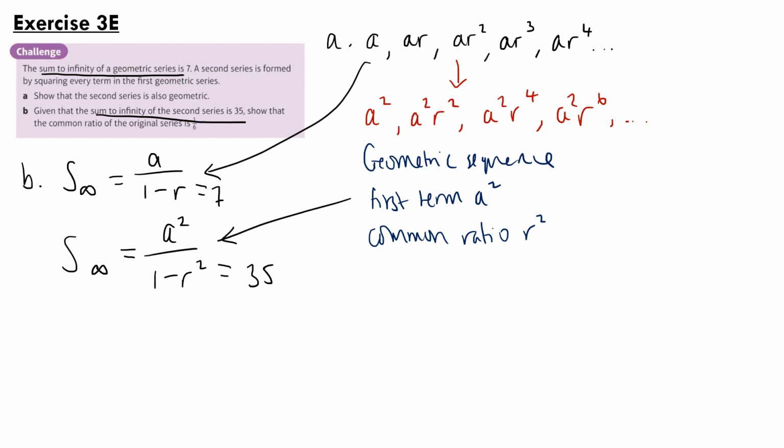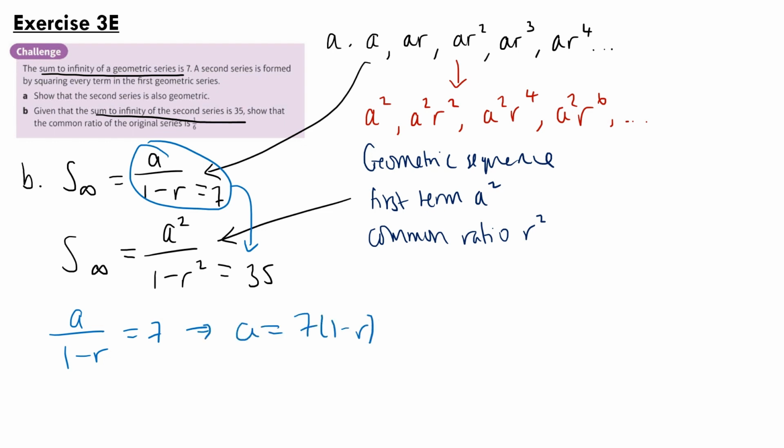So I think we'd be better off starting with the first equation and trying to substitute that into the second one. Rearranging the first equation gives us a equals 7 lots of 1 minus r. And if we plug that into the second equation, we're going to get a squared, so that's 49 lots of 1 minus r squared, over 1 minus r squared equals 35.